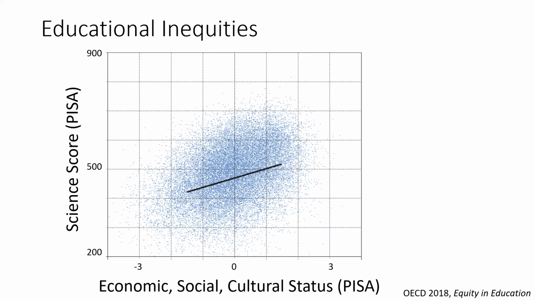And on the x-axis, we're looking at basically the circumstances of a student's birth, so their economic, social, or cultural status, also assessed from PISA. And you can see here that there's a positive correlation between the circumstances of one's birth and their science score. Anytime there is this association, that is inequitable and is an inequity.